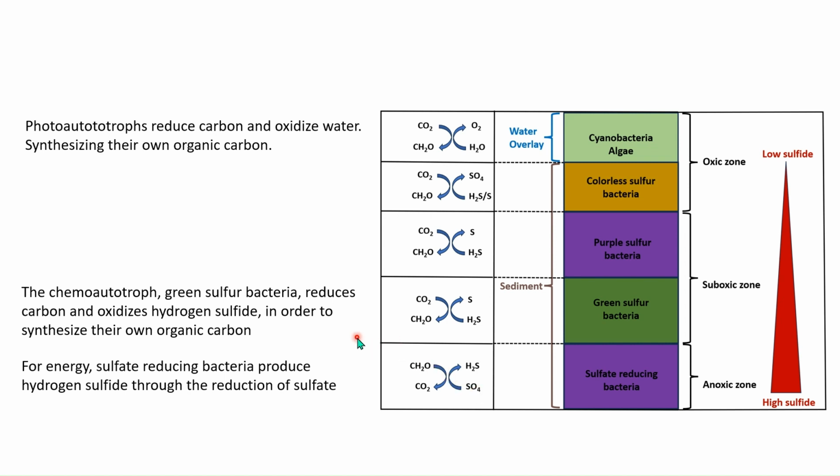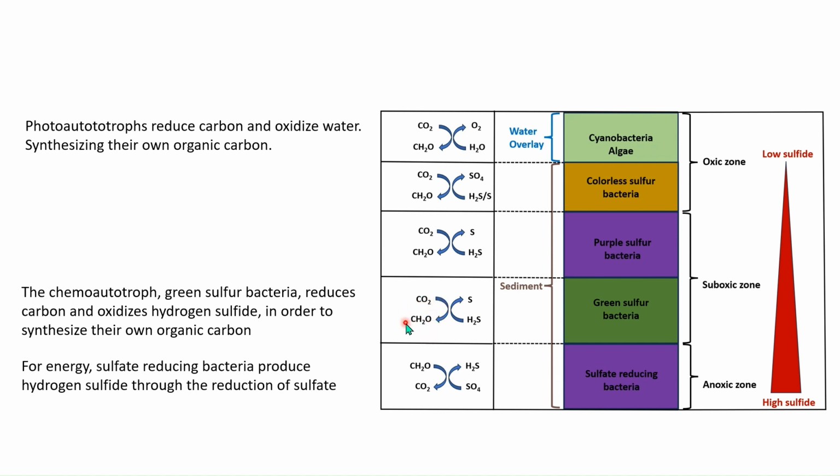And a layer above this, that is maybe more in the suboxic zone, a little bit less deficient in oxygen, we can have chemoautotrophs, such as green sulfur bacteria, and they can reduce carbon and oxidize hydrogen sulfide. So they take the product of the sulfate reducing bacteria and they can oxidize that into sulfur. And they do this not to gain energy, but to create organic matter.